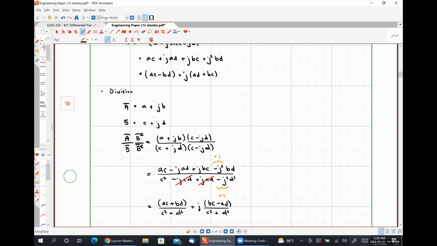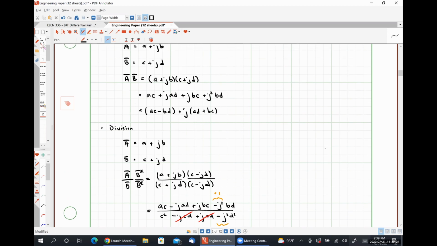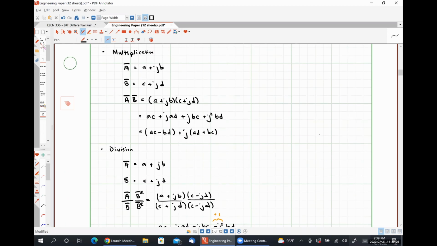Okay, so multiplication using rectangular form complex numbers is tedious but straightforward. Division of rectangular form complex numbers can be a bit of a pain in the butt. So instead, what we're going to do for both multiplication and division is look at what happens with exponential form complex numbers, and then apply that to polar form complex numbers as well.